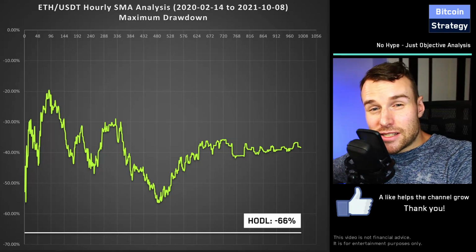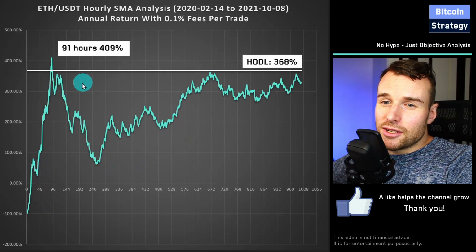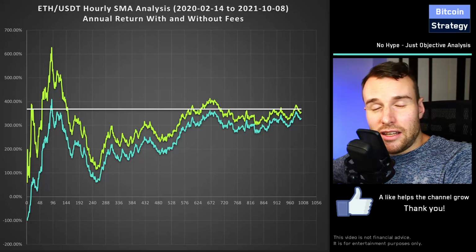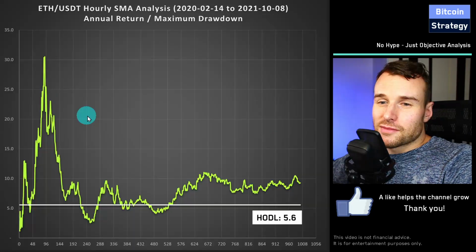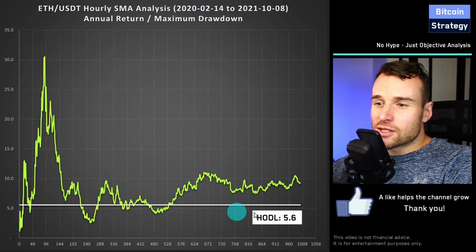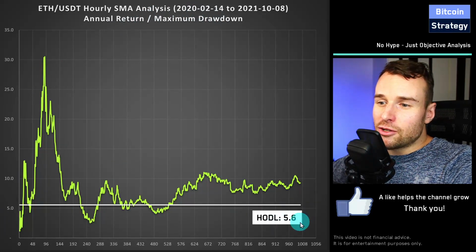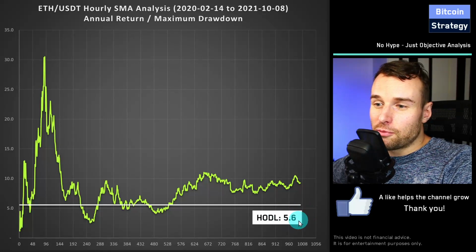And so instead of using the Sharpe ratio, let's do something slightly different. Let's look at the return per annum that we get and divide this by the maximum drawdown using that trading strategy. And so first of all, let's do this for buying and holding. This is now again without fees. Buying and holding gives us this modified Sharpe ratio of 5.6.